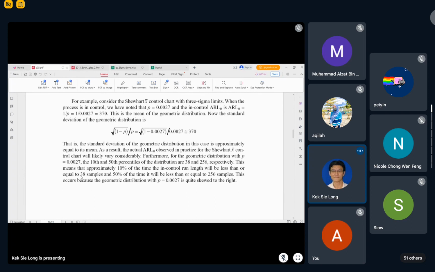So 38, 356, and 370 are values referred to as the average run length for different percentages. ARL0 for the 10th percentile is 38, for the 50th percentile is 356. These values, including 370, refer to the average number of samples before an out of control signal happens.